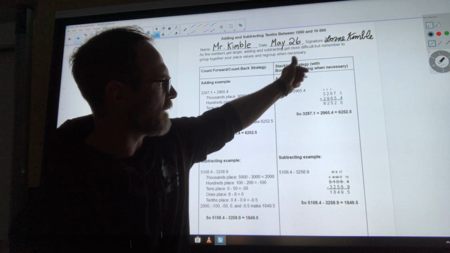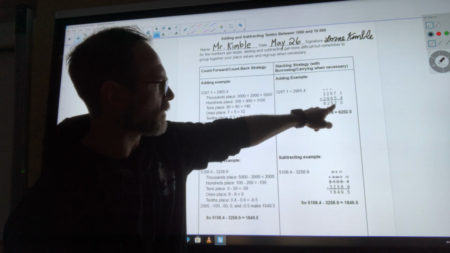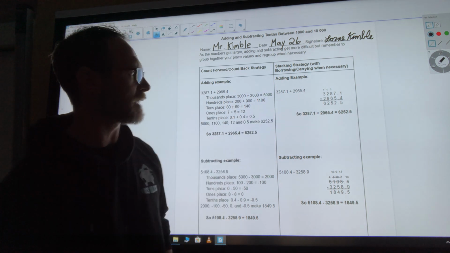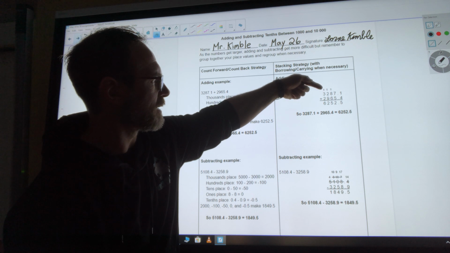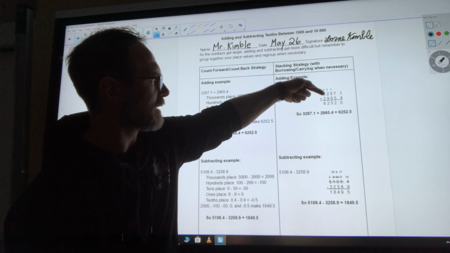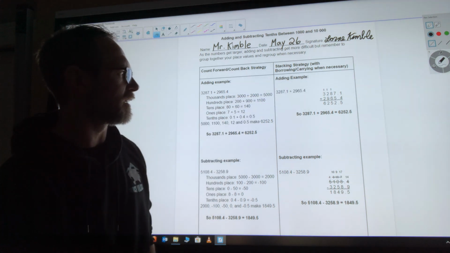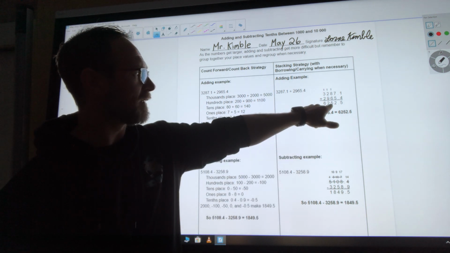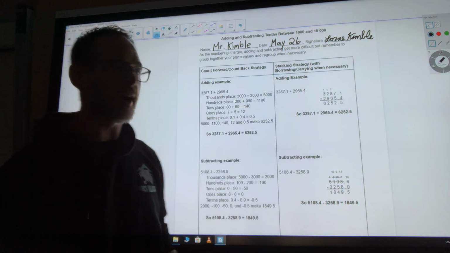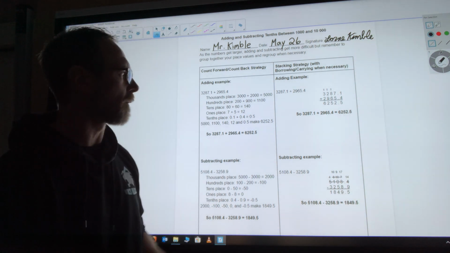1 and 4 is 5. 7 and 5 is 12. So I put the 2 and I'd carry the 1 to the tens place. 1 ten and 8 tens is 9 tens. 9 tens plus 6 tens is 15 tens, actually 150. I'd put the 5 in the tens place and then carry the 1 over to the hundreds place, right? Because that's where it would belong.